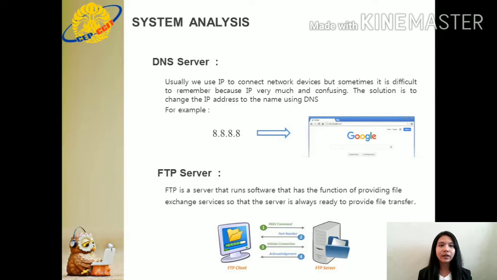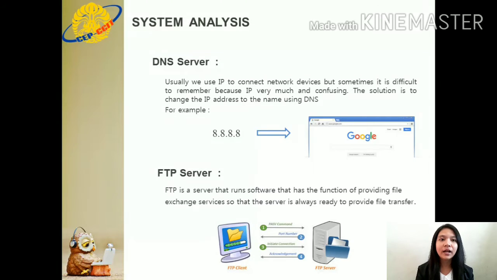First, I want to explain about the system analysis of the DNS server. Usually, we use IP to connect network devices, but sometimes it is difficult to remember because there are so many IPs and they are confusing. The solution is to change the IP address to a name using DNS, the domain name system.